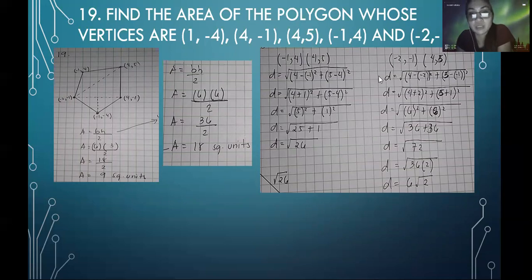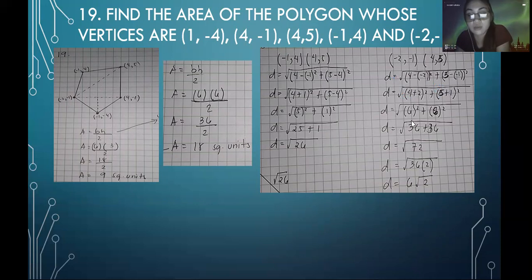So same as here at point negative 4, negative 1, and 4, 4, and 5. So d is equals to positive 4 minus negative 2 square plus 5 minus negative 1 square. So d is equals to square root of 4 plus 2 square plus positive 5 plus 1 square. So d is equal to square root of 6 square plus 6 square.